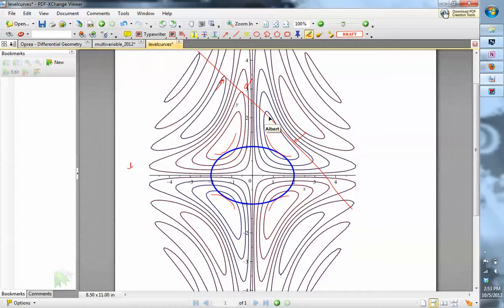The thing I want us to focus on here is just in the plain vanilla sense where these guys might be tangent to level curves. So what if I came in along something like that?